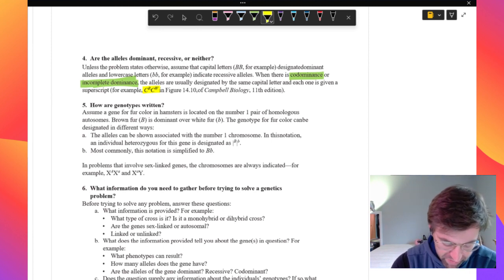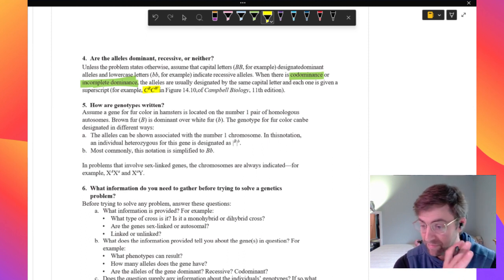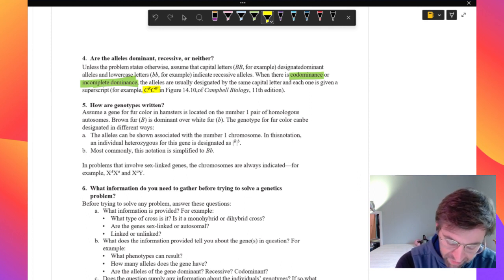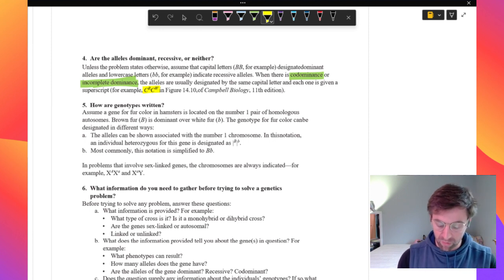How are genotypes written? Assume a gene for fur color in hamsters is located on the number 1 pair of homologous autosomes. So autosome, not sex-linked. Brown fur, big B, is dominant over white fur, little b. The genotype for fur color can be designated in different ways. A, the alleles can be shown associated with the number 1 chromosome.